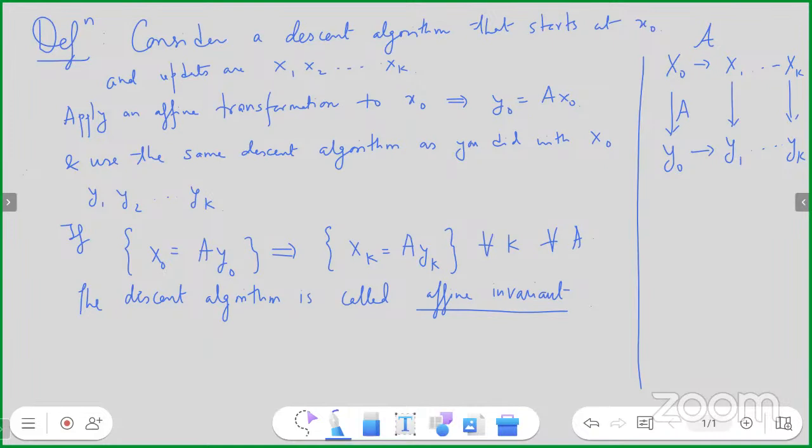We saw some convergence result which depended on the eigenvalues of the matrix Q. If you remember, we tried to show the convergence result for the quadratic problem, which was minimize x transpose Qx.